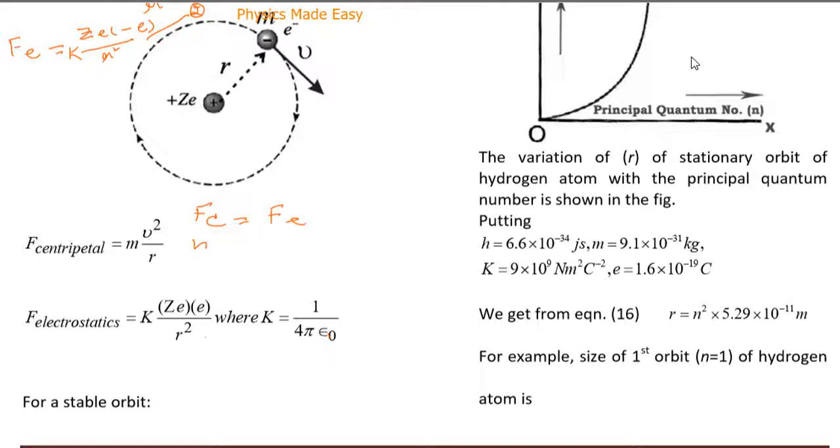That is, mv square by r is equal to K, I am dropping the negative sign, Z e square by r square. So this is what we write, and K is the value I have already written here.